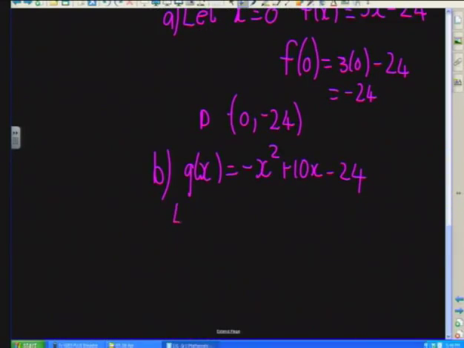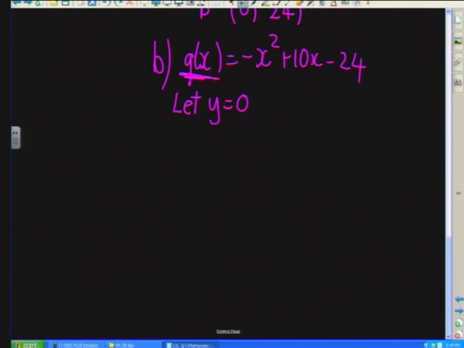We say let y equal to 0. Now remember your function value g of x, that represents your y values. So therefore if I say let y equal to 0, I'm going to get -x squared plus 10x minus 24 is equal to 0.